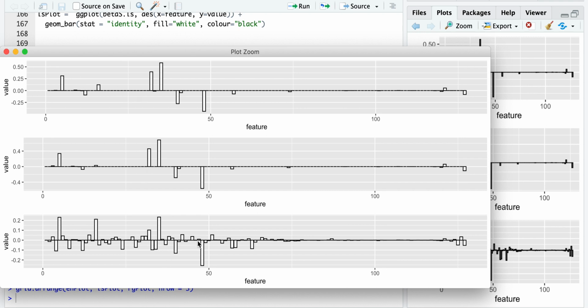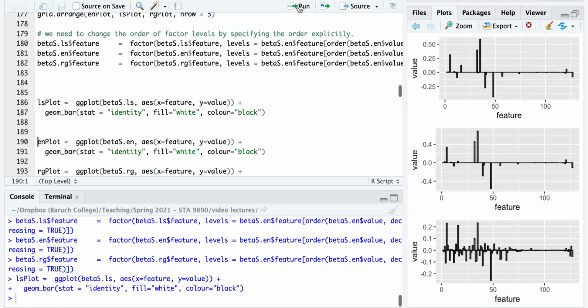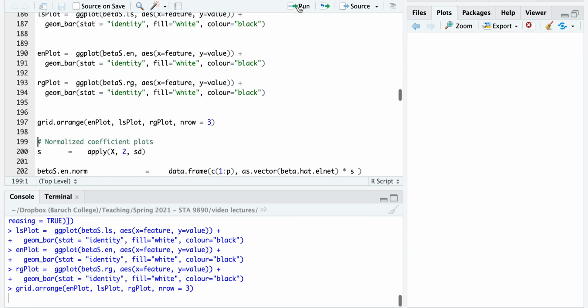So just remember, in the 25 to 50 range, we have these coefficients which are bigger than the later coefficients we have here. Okay. The next part here, we're just changing the order, and that's not really something I want to focus on right now.